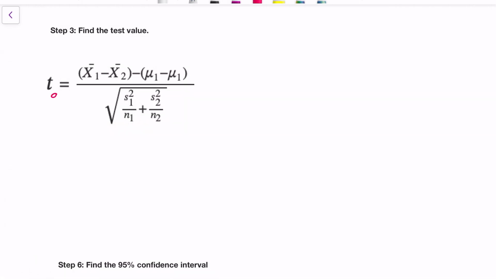Okay, so this is also our t-obtained. We need both sample means here. This part of the equation, by definition or by default, you know from the null hypothesis, the difference between these two is going to be 0. So it's just a big fat 0. There's actually textbooks that don't put that piece of the equation in there. They just use the half to the left. But by definition, it's just a 0.